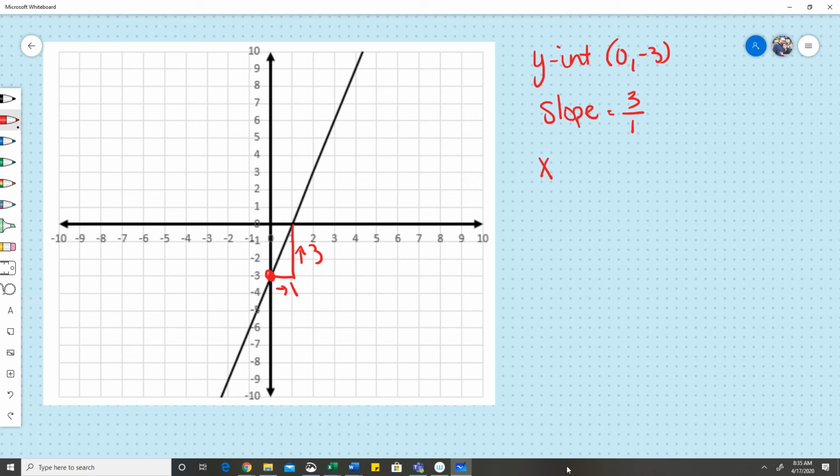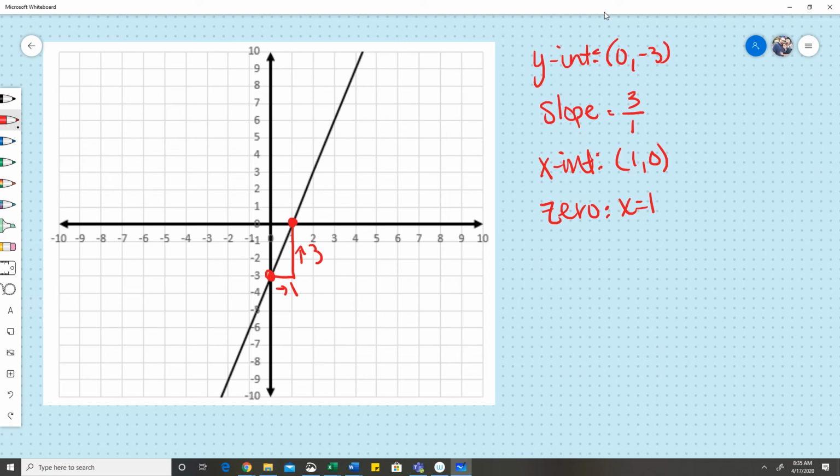My x-intercept is here at, sorry, at (1, 0). And so my zero is going to be x equals 1. There are all my key features.